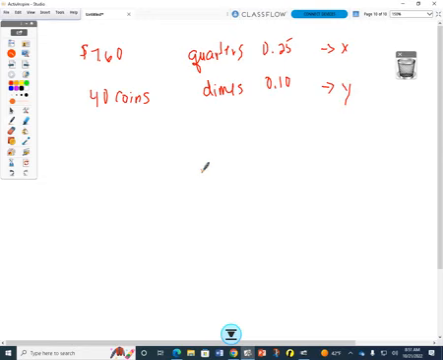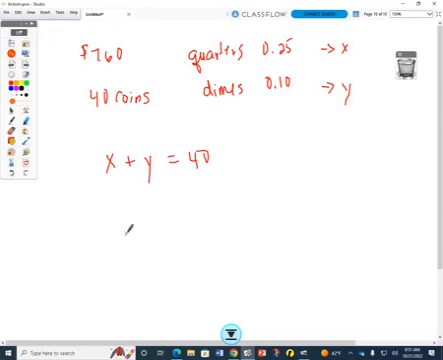What do you think, Edie? Can you give me an equation to represent the 40 coins? Yep, x plus y equals 40. So x is the number of quarters, plus y is the number of dimes, and we know there has to be 40 altogether, right? So that's our first equation.